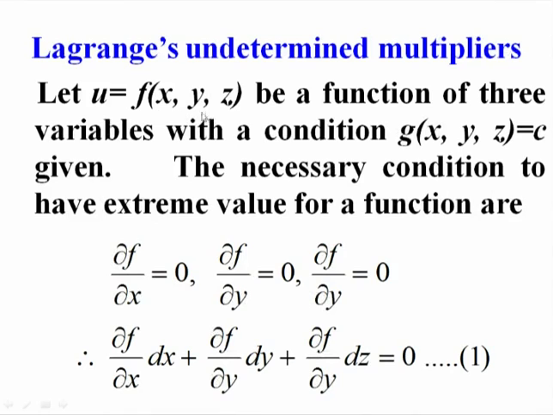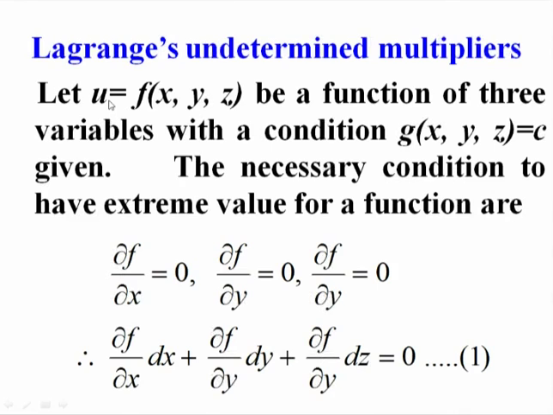Let u is equal to f of x, y, z be a function of 3 variables with a condition that g of x, y, z is equal to c. So for the function u, which is equal to f of x, y, z, to have an extreme value, the necessary conditions are that the partial derivatives of the given function are zero.